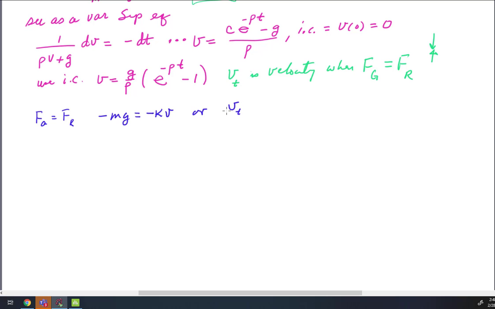So V, I'll put a little t on it, but I'm just going to solve this for V. So V is equal to m over k g. So Vt is m over k times g. So that's kind of a nice result.